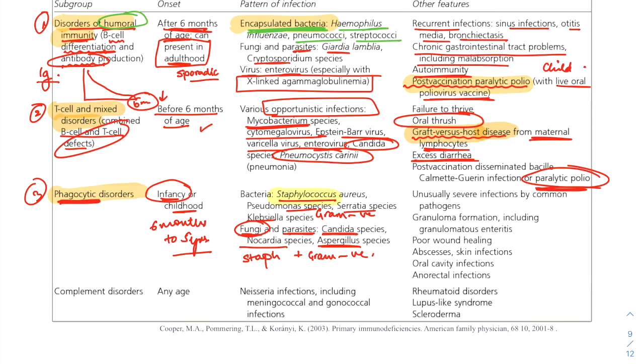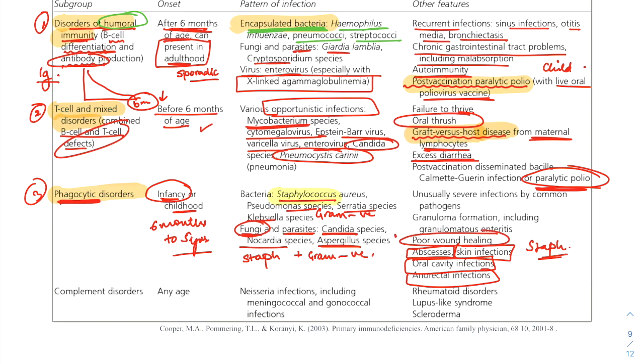So, an important takeaway point is that phagocytic disorders have a tendency of developing recurrent staph infections and recurrent septicemia with gram-negative bacteria. As I've said, they develop recurrent abscesses, skin infections, oral cavity infections, anorectal infections, usually by staph, and these wounds heal slowly.